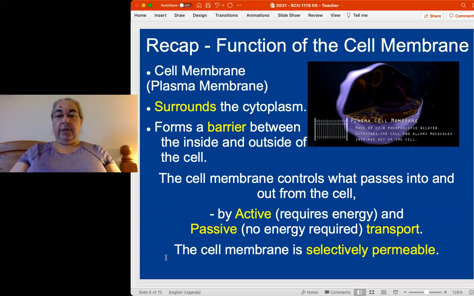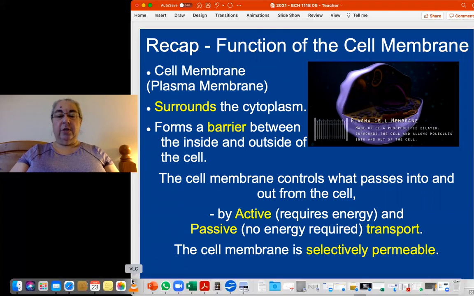Okay, so just a quick recap. We've seen this slide already, but the membrane around the outside of the cell, the plasma membrane, forms a barrier between the outside and the inside of the cell and controls what passes in and out of the cell.